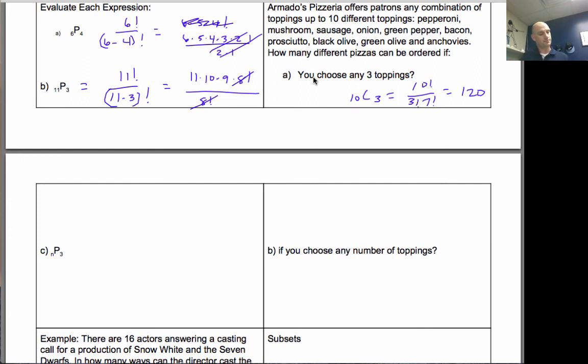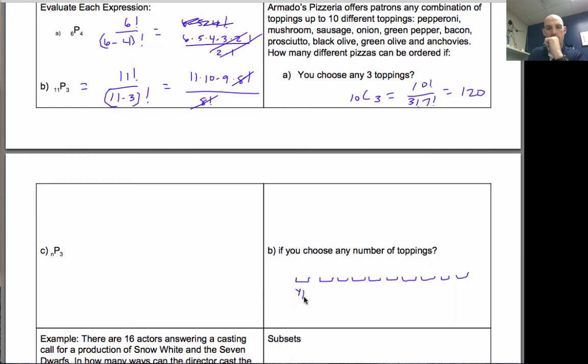However, if I could put 10 toppings on, think about it like this. I have 10 choices to make. 2, 3, 4, 5, 6, 7, 8, 9, 10, right?